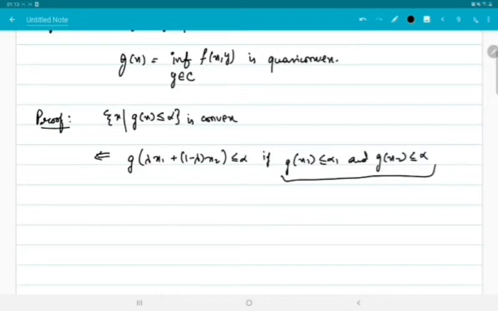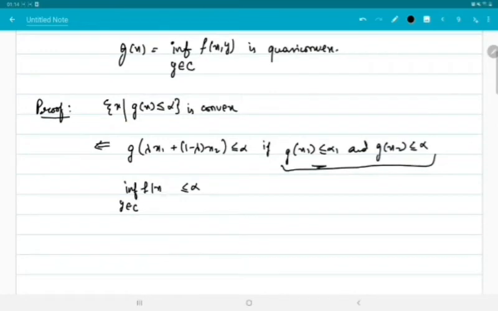Now we use the expression of g, that is, the infimum over y in C of f of x1, y is less than or equal to alpha 1.